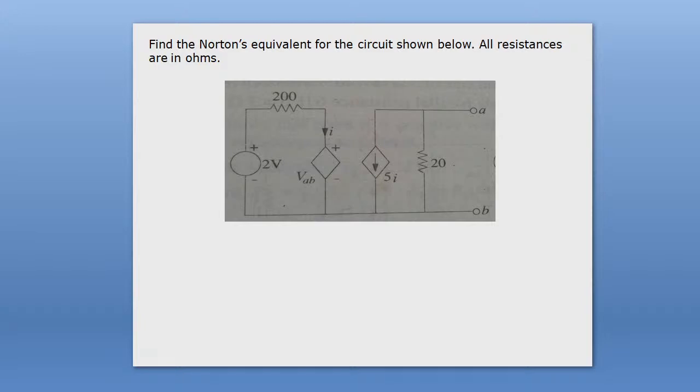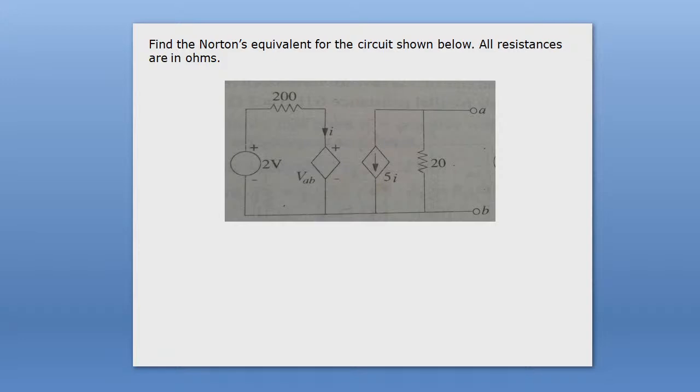So everyone, look at the next figure. The circuit associated with this problem consists of three sources.